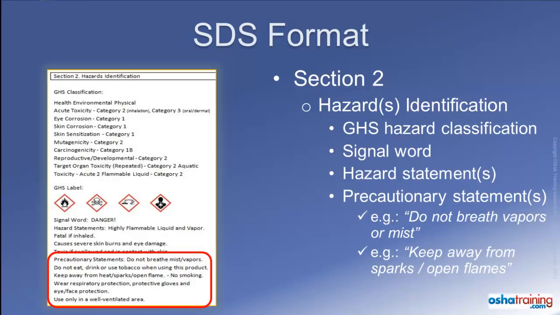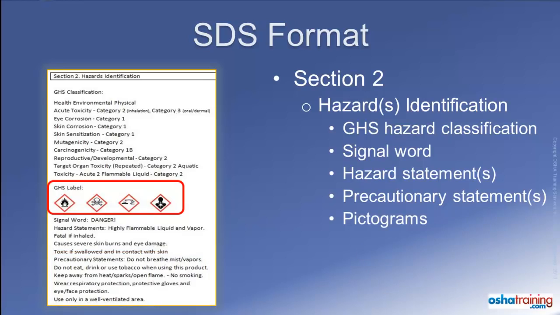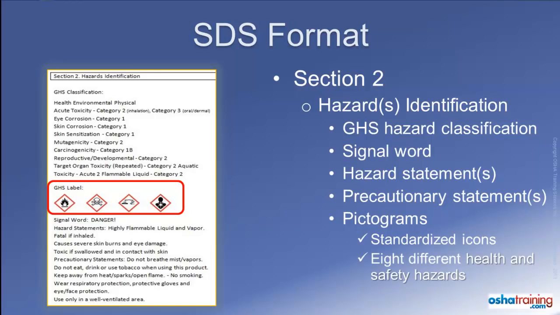And something fairly new to us here in the United States are pictograms. Pictograms are standardized icons that let workers quickly identify the types of hazards associated with the product. There are 8 different pictograms for the health and safety hazards covered in the GHS system.